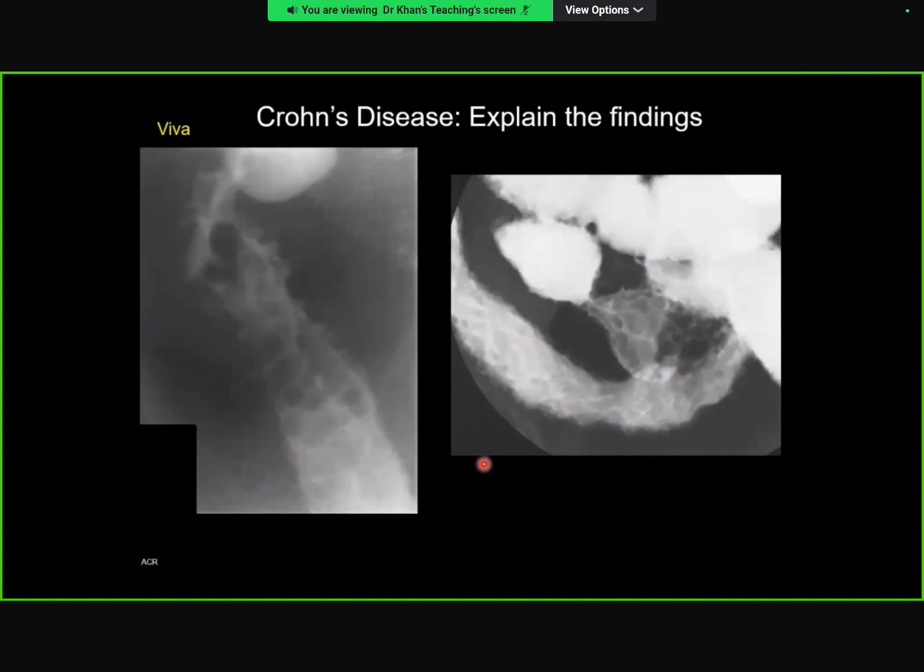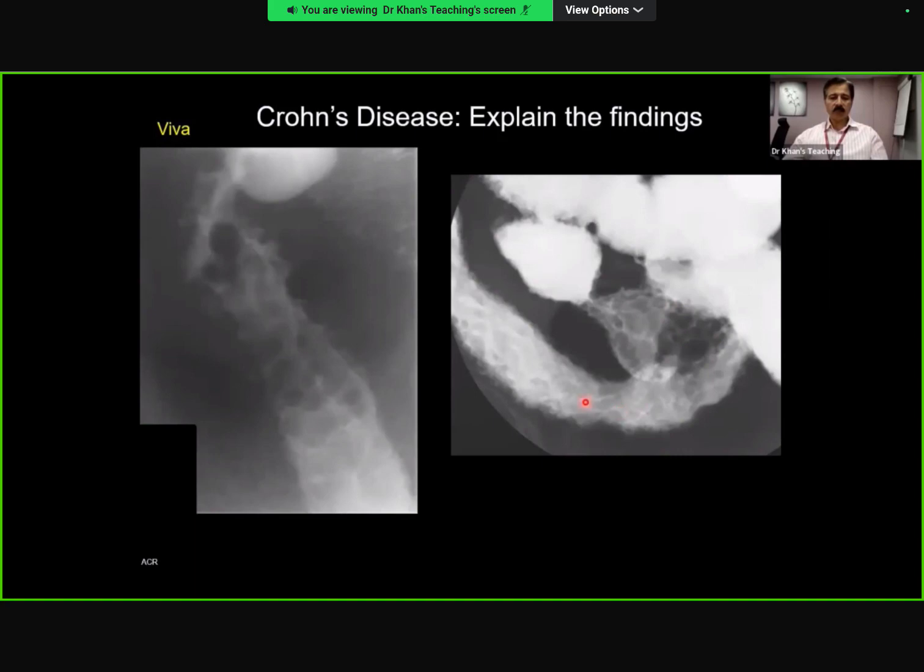So I'm presented with spot films of a barium enema or follow through, which I cannot make out on these images. There is abnormality seen involving the bowel loop, which appears to have thickened folds, irregular mucosal irregularity, and multiple outpouchings outside the lumen, which may represent multiple aphthous ulcers.